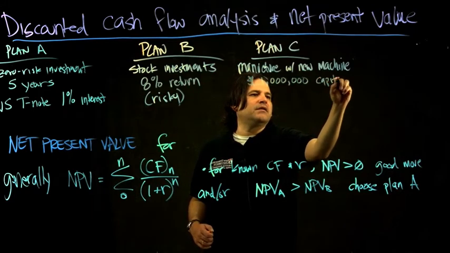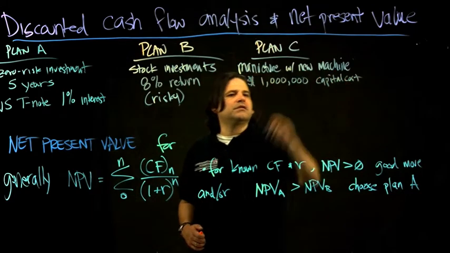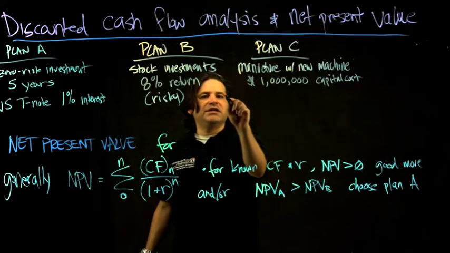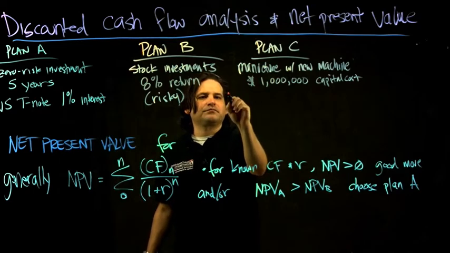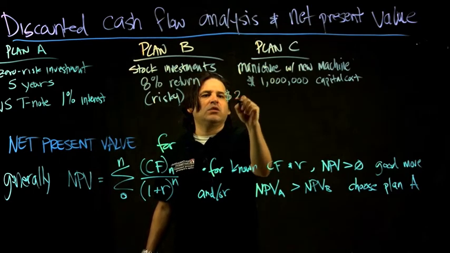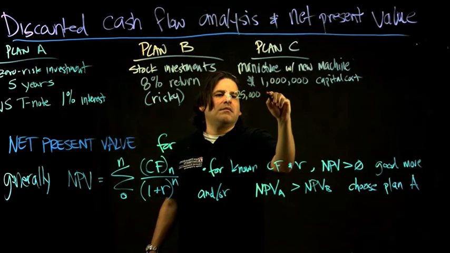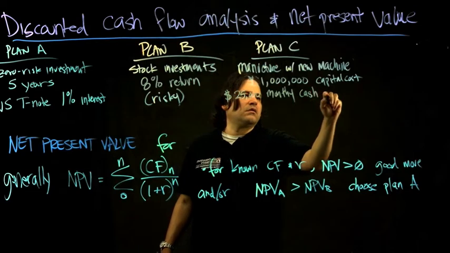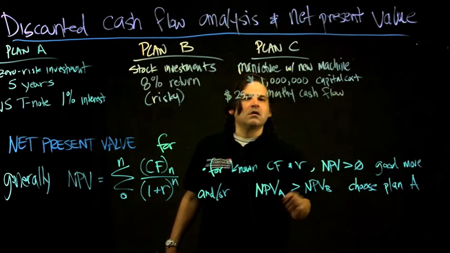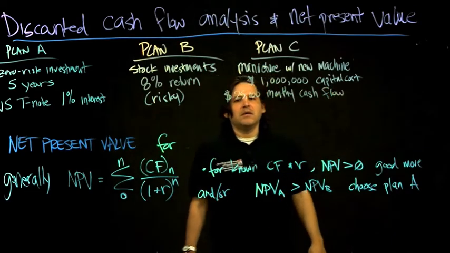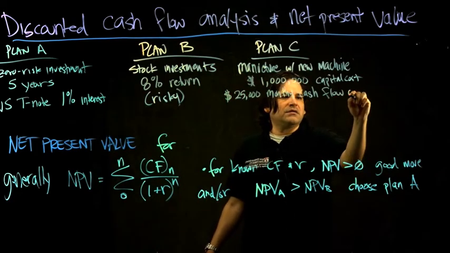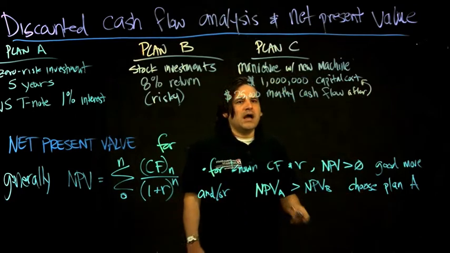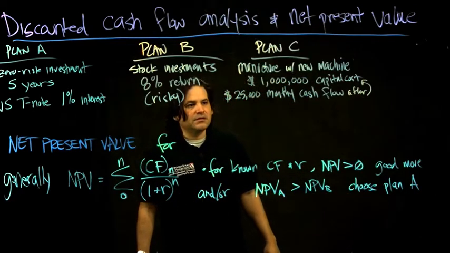So you have to put in $1 million to get this new machine. But the projection is that you would get $25,000 monthly cash flow after the machine, after you pay this initial investment.